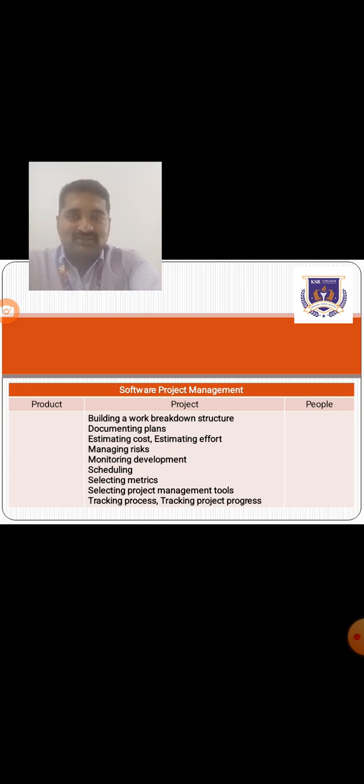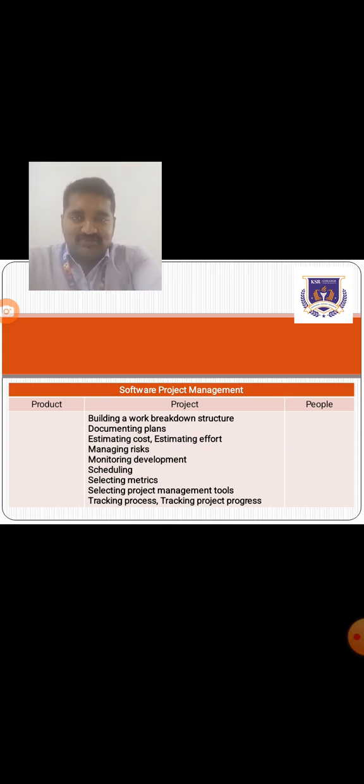Coming to the project: building a work breakdown structure, which we call WBS. The entire process will be broken into small steps; we all know, divide and conquer, just like that. And how to build the WBS, documenting the plans of what we are going to do. Even if new people come to join our team, they will easily know what is happening in the project, no?